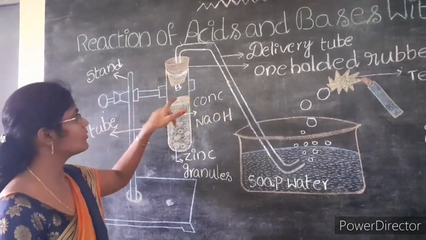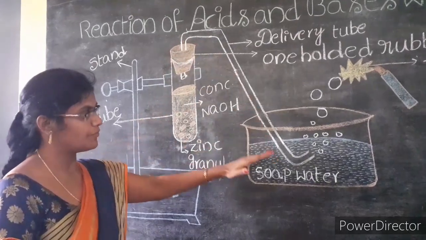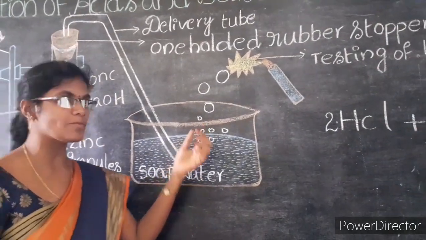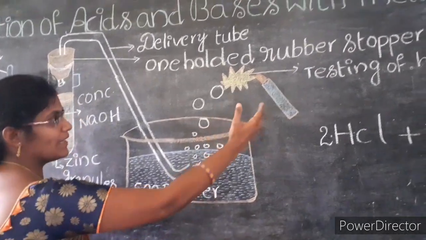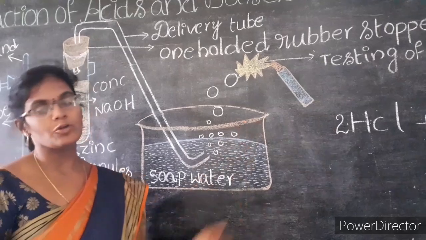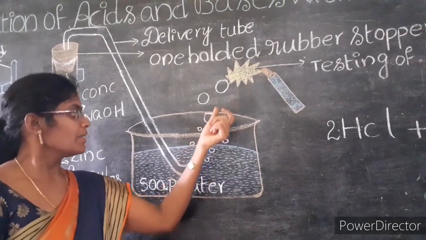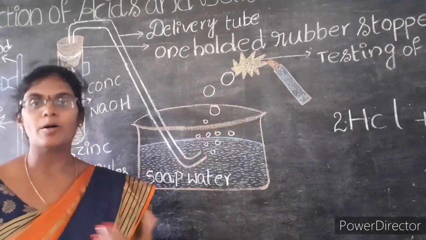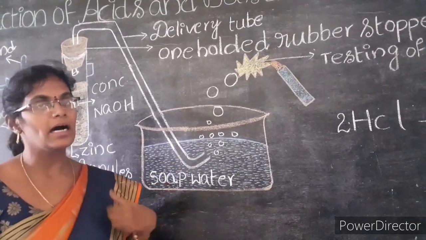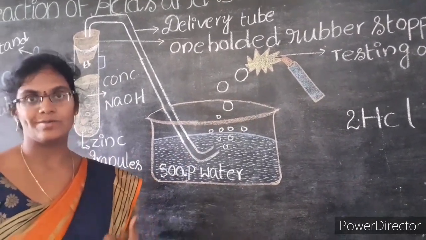The gas again comes through the delivery tube to the soap water and again forms bubbles, and when we bring the lighted candle near the mouth of the trough, again it is put off with a pop sound. So this also indicates that the evolved gas is hydrogen.